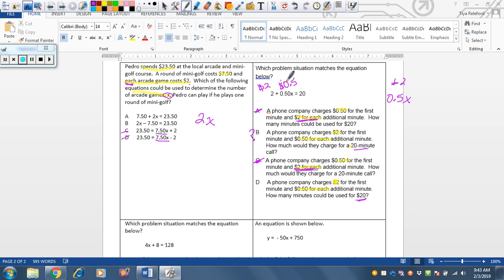Do you think $2 plus a bunch of 50 cents is going to equal 20 minutes or $20? I'm adding dollars plus dollars, so in the end it's going to equal $20. So I like D best. B is my next best choice, but D is the right answer because it's $20. We don't add dollars to dollars and get minutes. That doesn't work.